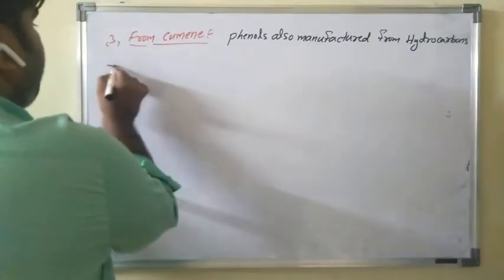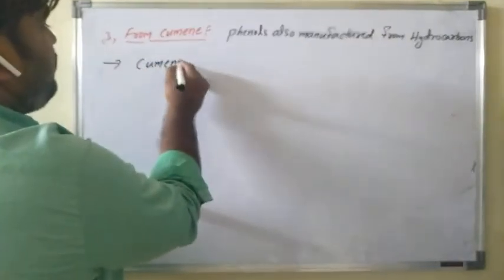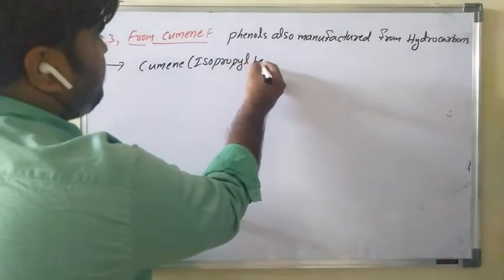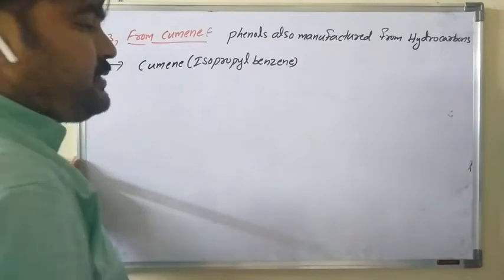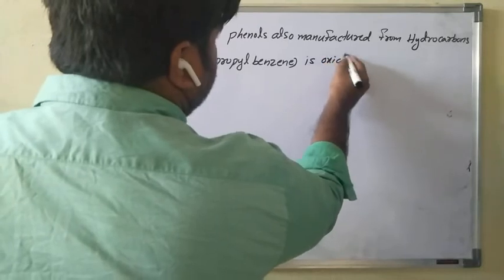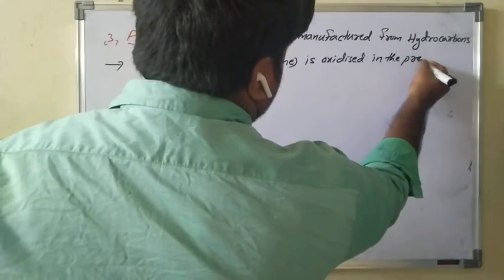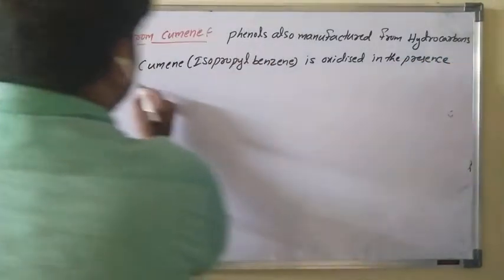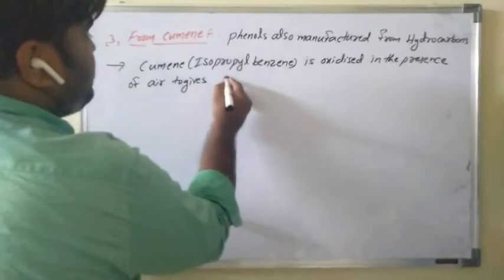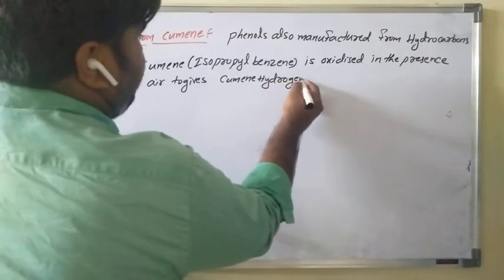So cumene, that is isopropyl benzene. Isopropyl benzene is called cumene. Isopropyl benzene is oxidized in the presence of air to give cumene hydrogen peroxide.